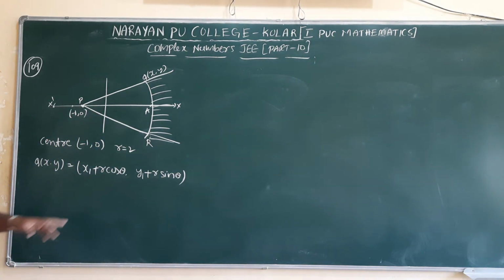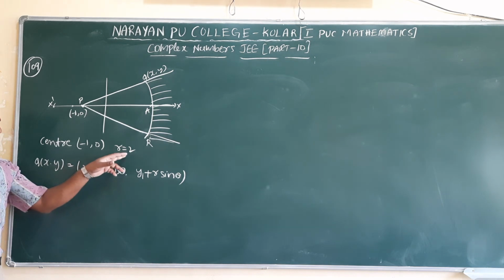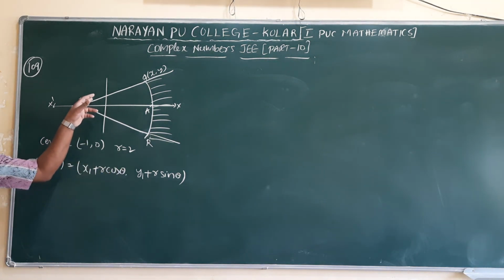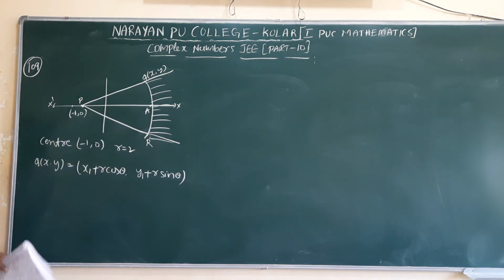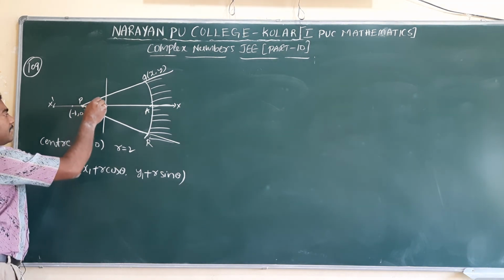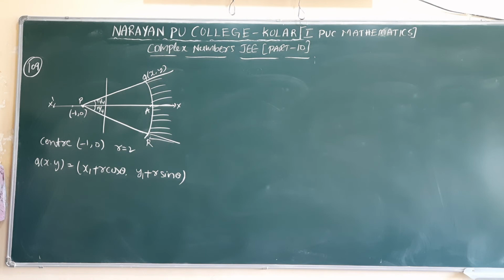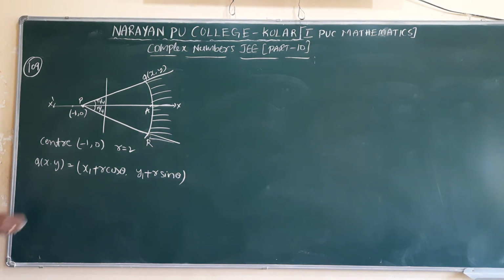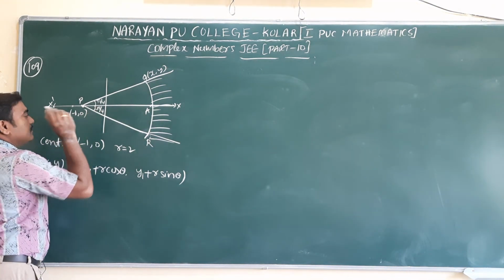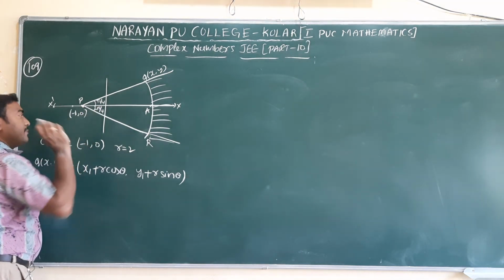Here the r value is 2, and the angle theta is pi by 4; it is a negative angle, so we take minus pi by 4.